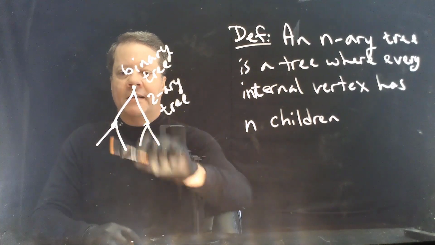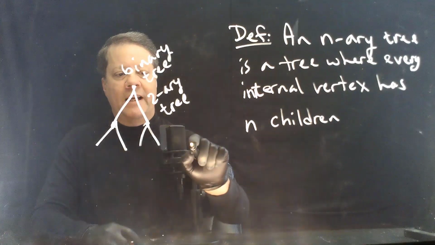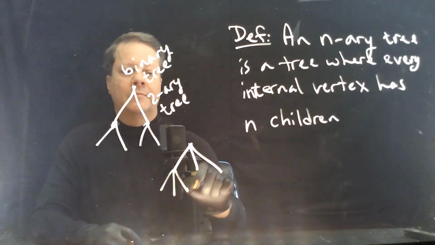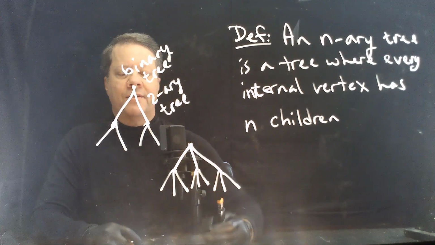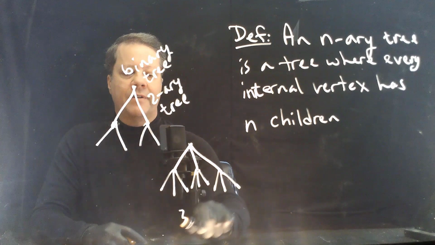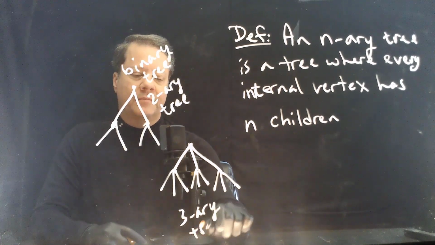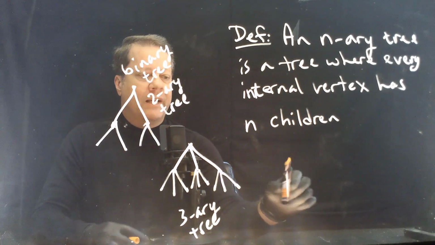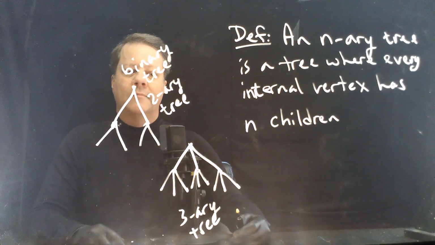Every vertex that's internal has 2 children. We could have a ternary tree. Every internal vertex has 3 children for a 3-ary tree or a ternary tree. I guess the 4-ary tree or quaternary tree will have 4 children for every internal vertex.